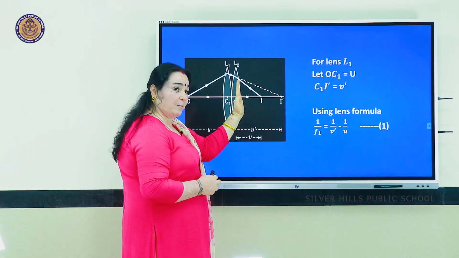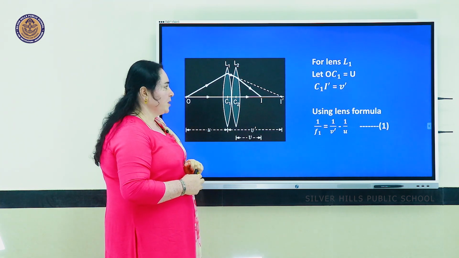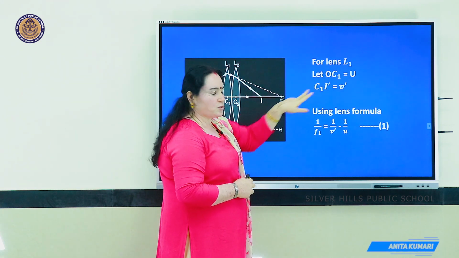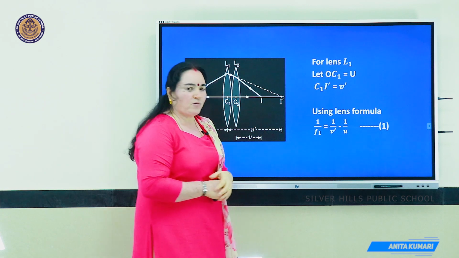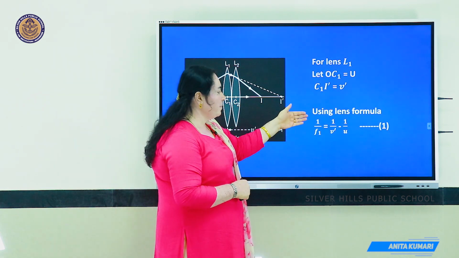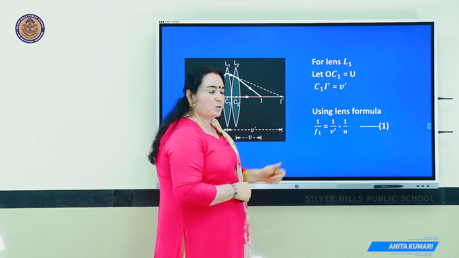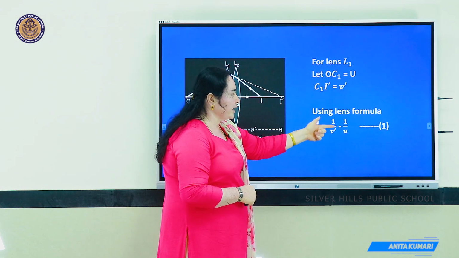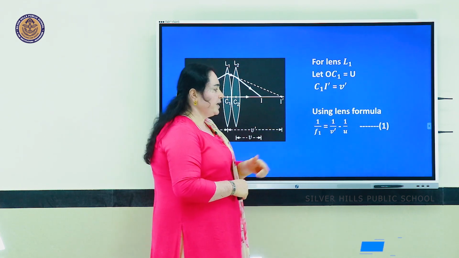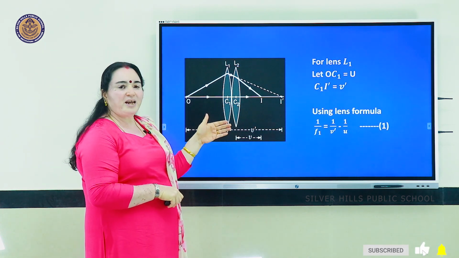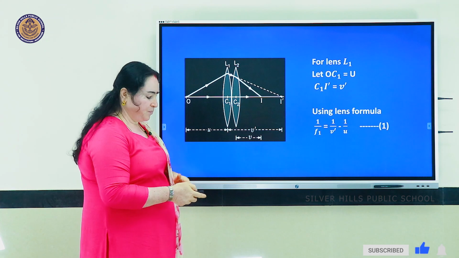We are not bothered about the second lens as yet. I've indicated it with respect to this position. So apply it into your lens formula. What are we getting? 1 by f1, because that is the first lens, is equal to 1 by v dash minus 1 by u. Take that as your first equation. That is an expression that we are getting through the first lens.